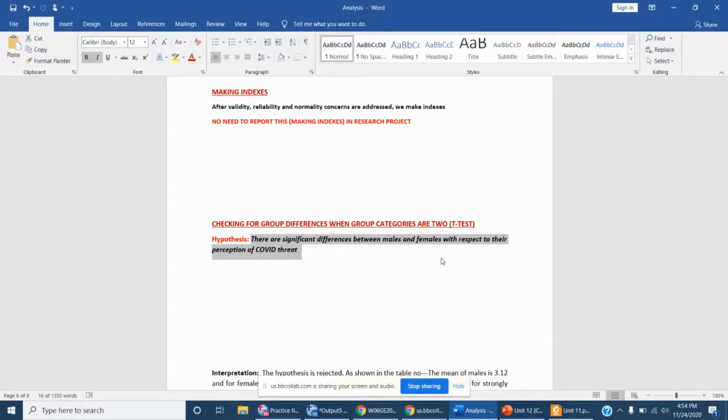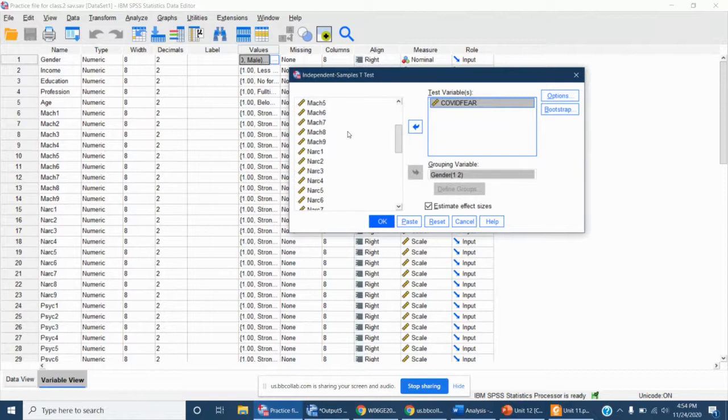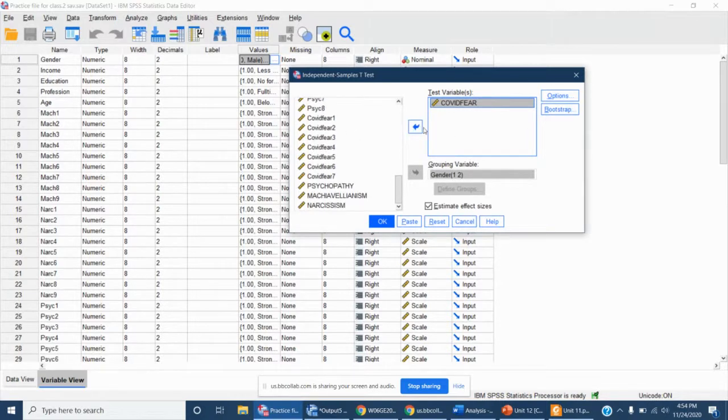This is just our hypothesis, and we need to check it. So we put our DV, COVID fear, there. That's it. We don't need to do anything in these buttons, options, and bootstrap. We have transferred our IV, which is gender with two response categories, defined the groups, and added our testing variable, the dependent variable, which is the COVID fear index.